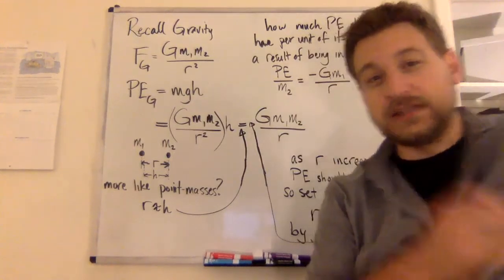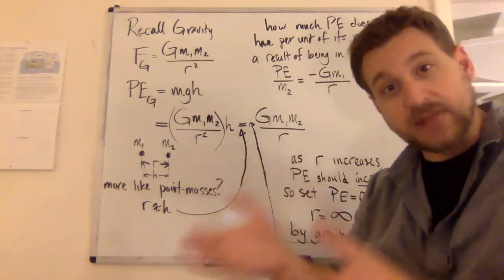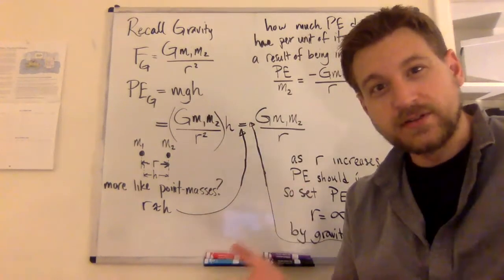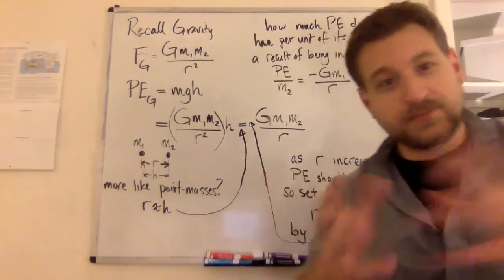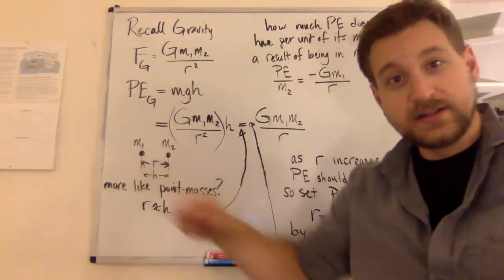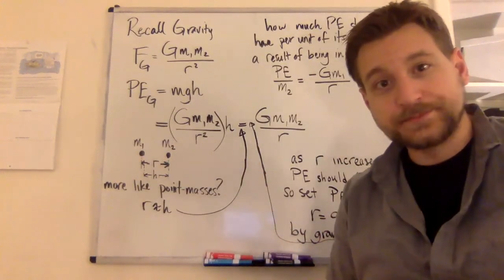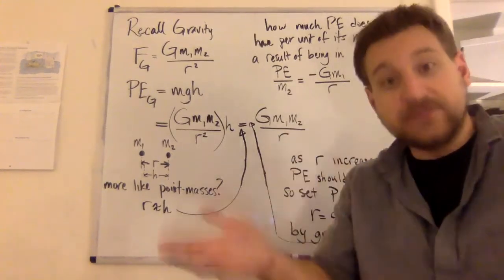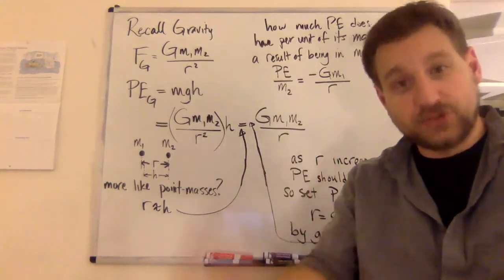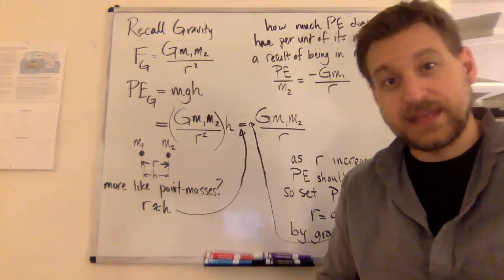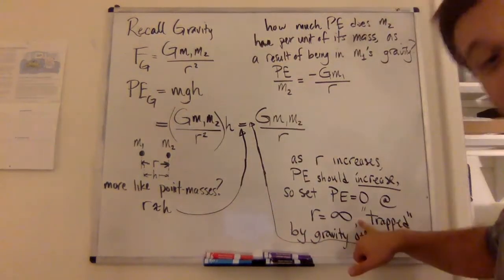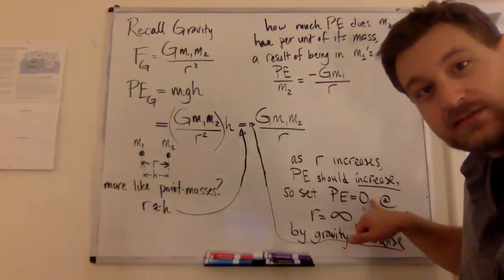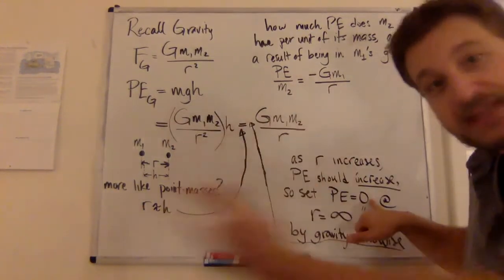Infinitely far away is where, if you released an object from rest, nothing would happen because it's too far away from whatever M1 is to be accelerated towards it. We have no potential energy because we can't fall from infinitely far away. We aren't trapped anymore. When R is infinite, the potential energy is zero because we don't fall. We're too far away to be attracted.